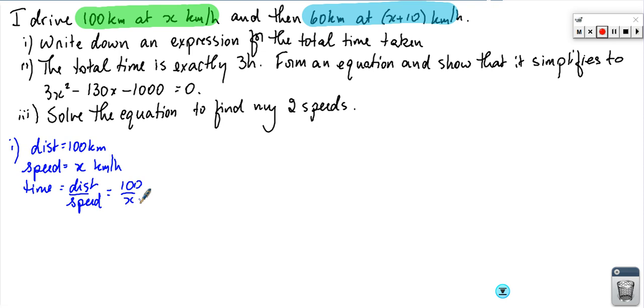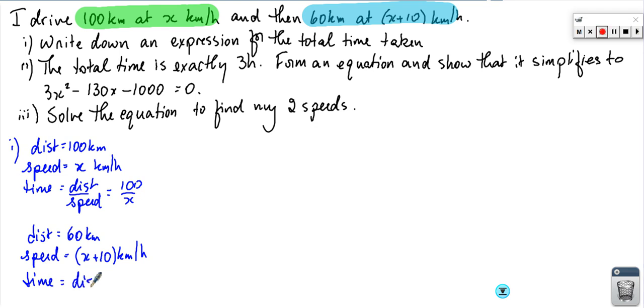If I consider the second part of the journey, I drive a distance which is equal to 60 kilometers at a speed, this time, of x plus 10 kilometers per hour. So the time taken is again distance on speed. It's going to be equal to 60 on x plus 10.